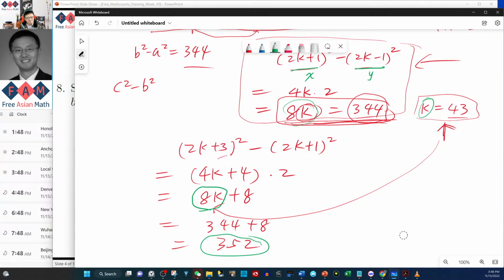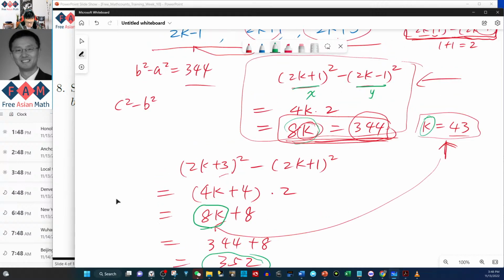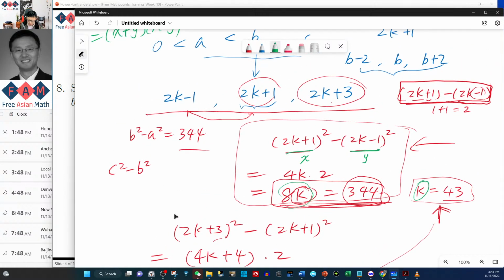Well, this is more like art rather than science because we observe what we did earlier. We know the difference of squares. If you are really good at algebra, you should be able to feel that the difference of squares between those two are kind of similar to this one, meaning that all the terms about k should be very comparable.